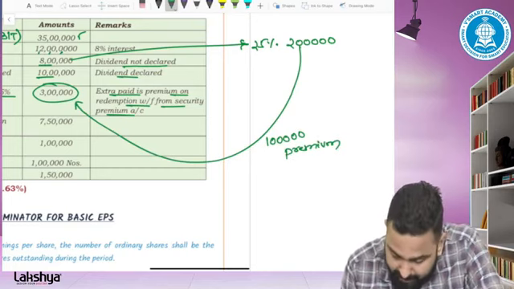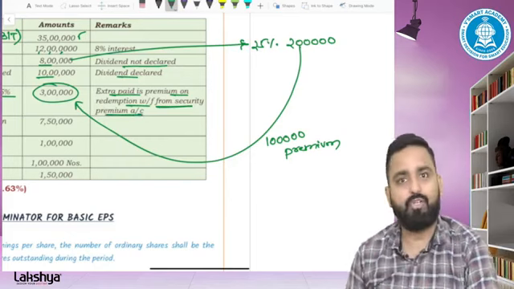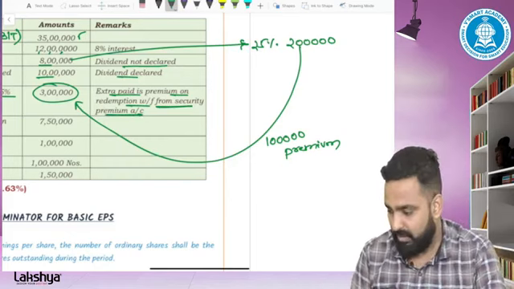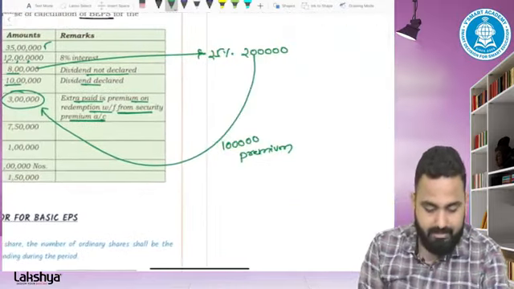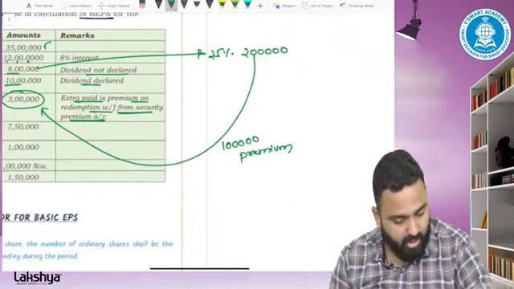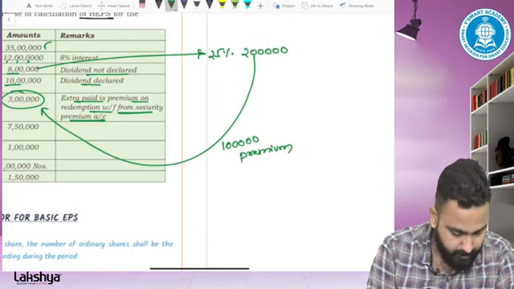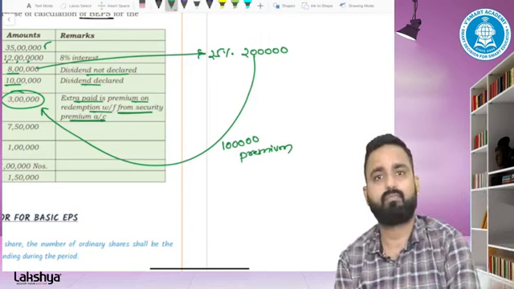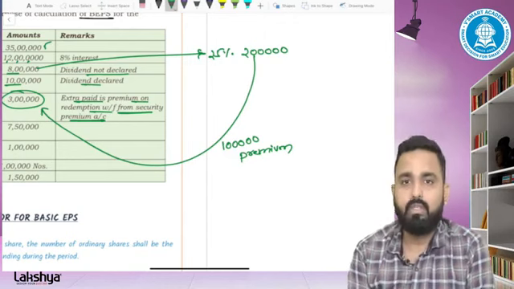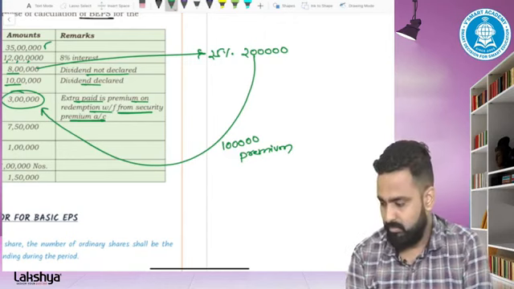You've written off the premium from the securities premium account, and you have to consider it in the numerator. Guys, did you understand or not? Tell me.